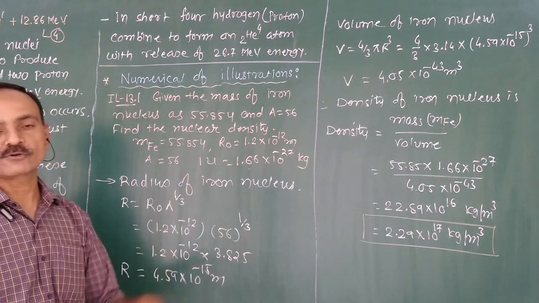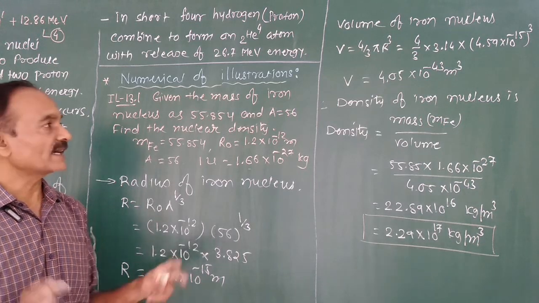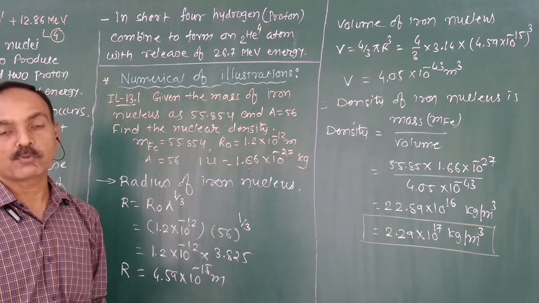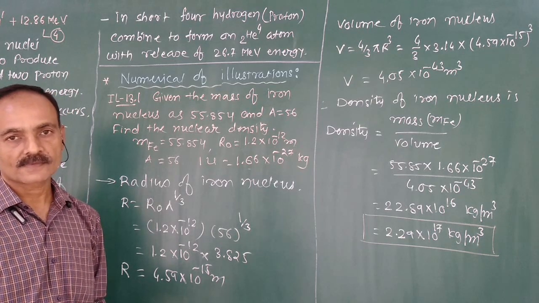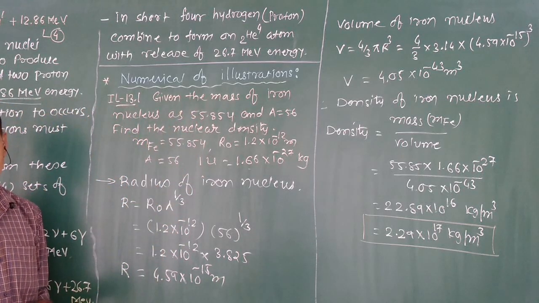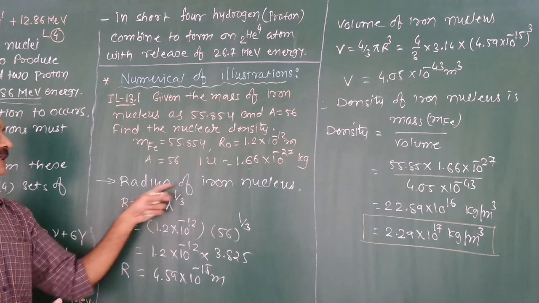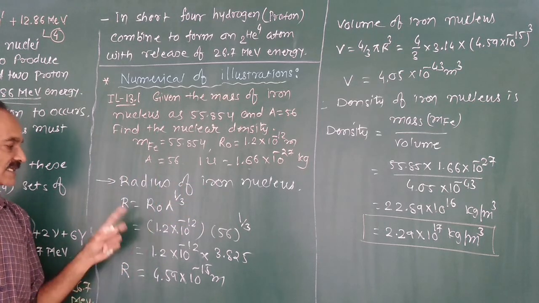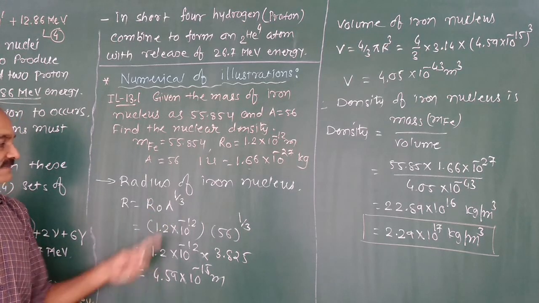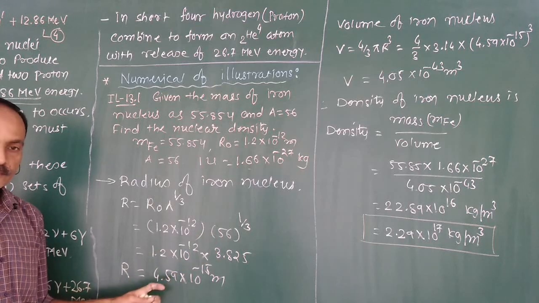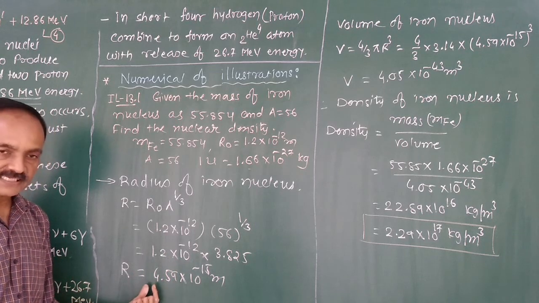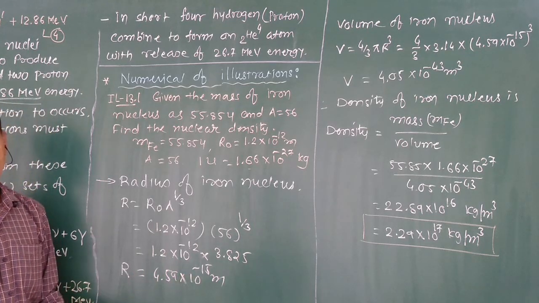Mass is given, we have to find out the volume. Here we consider the nucleus as a sphere, therefore the volume of the sphere is 4 by 3 pi r cube. That means we also require the radius of nucleus of iron. And therefore, first we need to calculate the radius of iron nucleus by using the equation R is equal to R0 A raised to 1/3. When we substitute the value of R0, A, we simplify it. So we obtain the radius of iron nucleus is 4.59 into 10 raised to minus 15 meter.